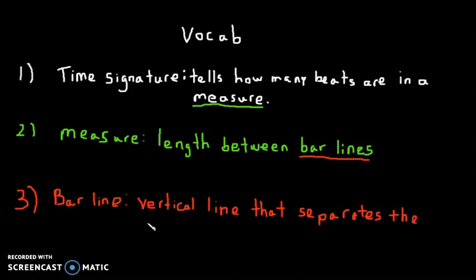That's all it does. It just shows you where a measure is. It separates the measures. It just tells you where one starts and where one ends. So you have 3 vocabulary words: time signature, measure, and the bar line.